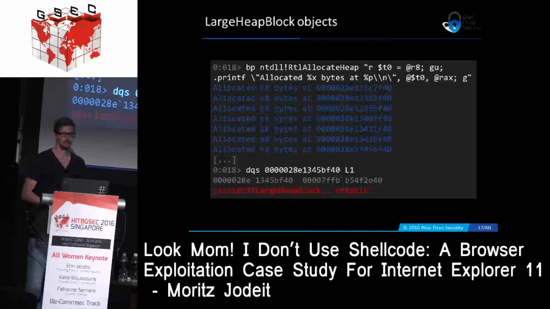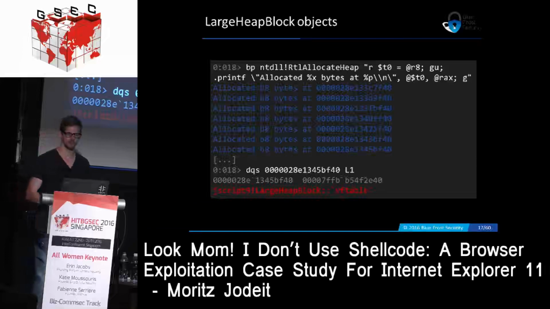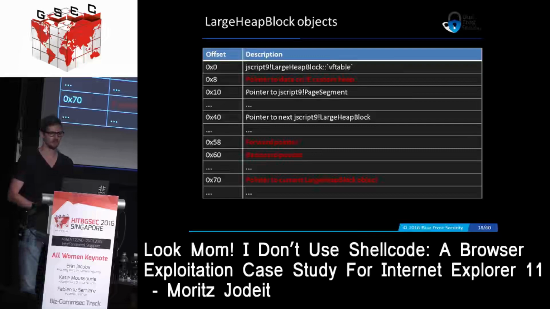If you are executing the JavaScript code on the previous slide, you will see that you get lots of these allocations of B8 size bytes. And if you take a look at the memory of these allocations, you will see that these are really the large heap block objects we are looking for. So let's take a look at the content of these objects. There are some interesting fields in them. At offset 8, there is a pointer to the IE custom heap.